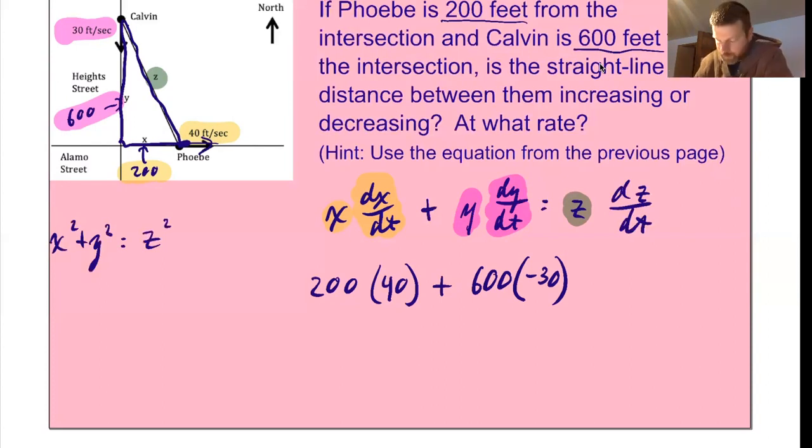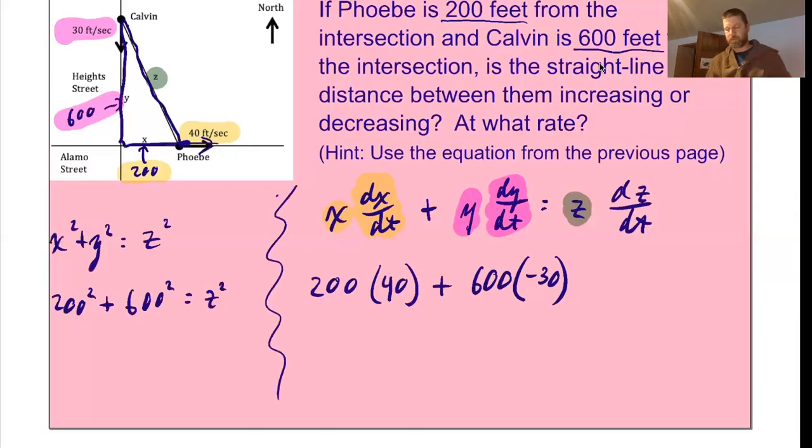Since x is 200, 200 squared, y is 600, 600 squared, that should be z squared. So we'll just do this work off to the side. I'll use my calculator with that. I get z is approximately 632.4555 feet.